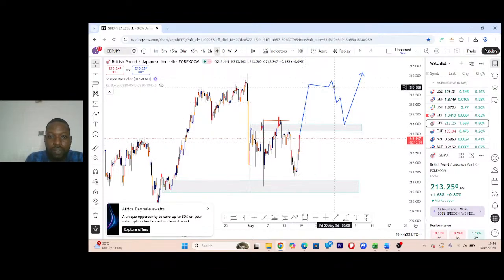So one of the factors that distinguish profitable traders from people that are not profitable is their ability to wait for their setup to click. Right? You don't just enter any trade anyhow that you like.